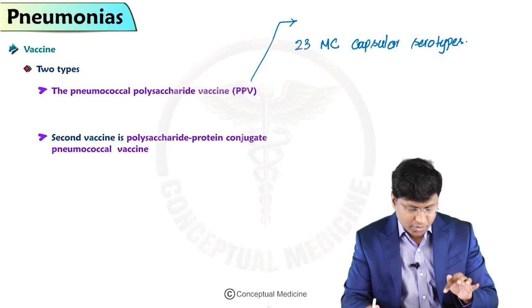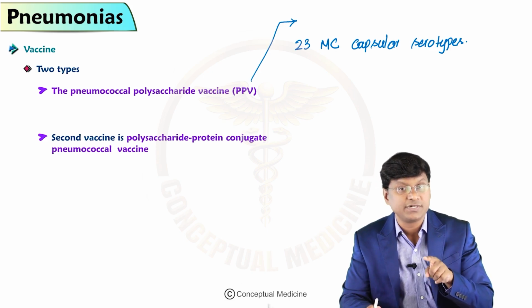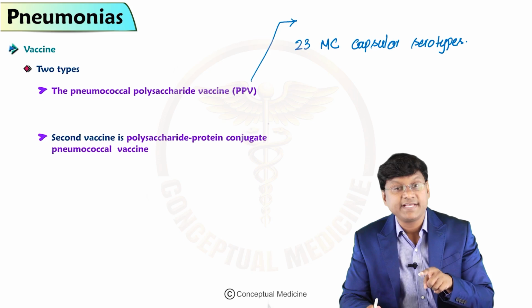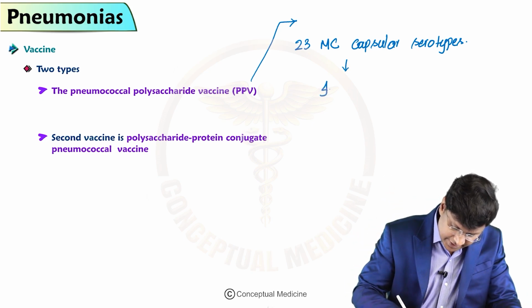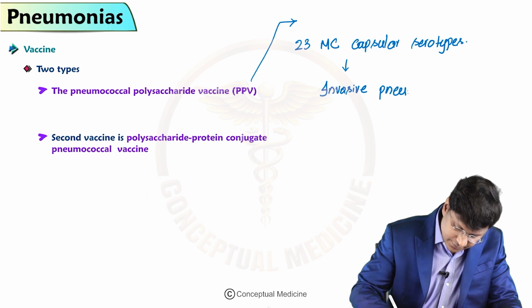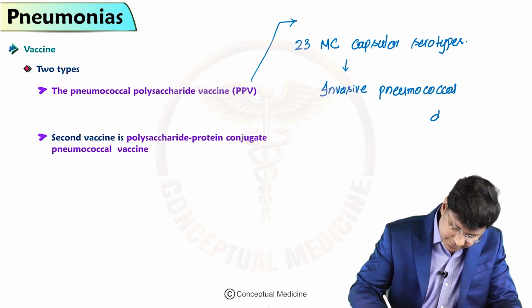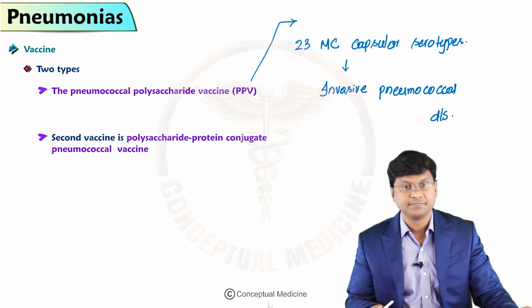And this vaccine containing 23 most common capsular serotypes, they can cause invasive pneumococcal disease, right? Okay, so that is about your pneumococcal polysaccharide vaccine.